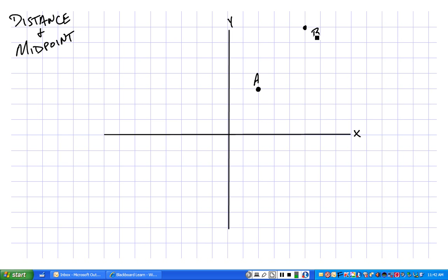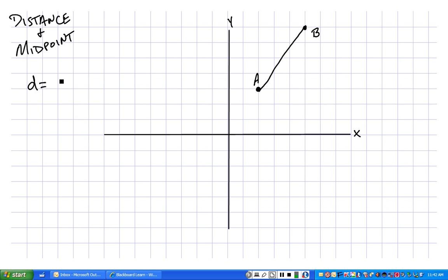Now, what we want to do is find the distance between these 2 points, or if these points were connected, the length of this segment. So the distance between A and B would be the same as the length of segment AB. The way we find distance is by using the following formula.